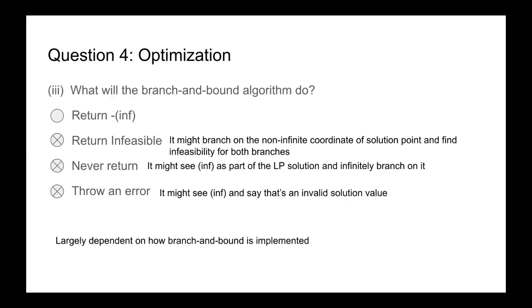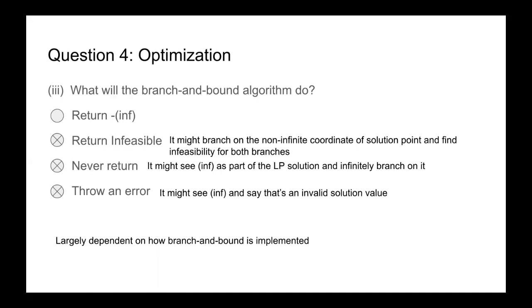The second case is that if the algorithm never returned, we would pretty much see infinity as part of the LP solution and infinitely branch upon that infinity, because we can never really add a constraint that helps bound that unbounded region in order to limit the solutions. So we just keep branching and bounding upon infinity, and that would be endless.